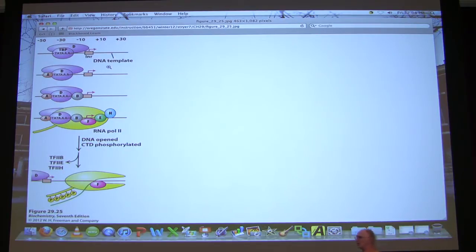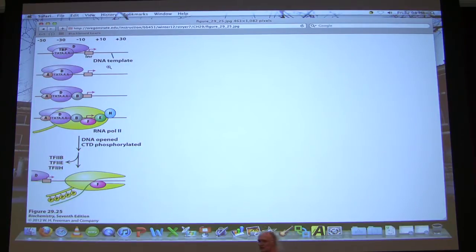So for our purposes, all we care about is that it binds a specific sequence and in some way it affects transcription. Well, in this case, it's activating it because we see TF2D binding. And then we see TF2A coming in and binding. We see TF2B coming in and binding. We see the RNA polymerase come in at that point, followed by TF2F, TF2E, TF2H.